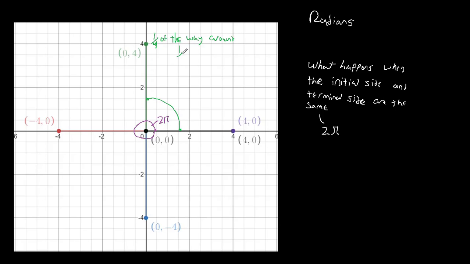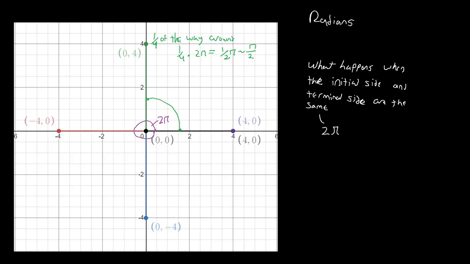So if we take 1/4 times 2 pi, a quarter of 2 is the same as a half, so we get 1/2 pi, or conversely, pi over 2. And again, this is radians, not degrees.